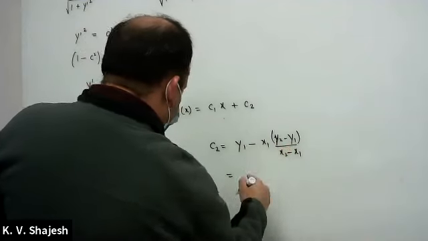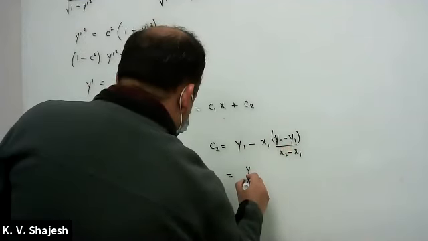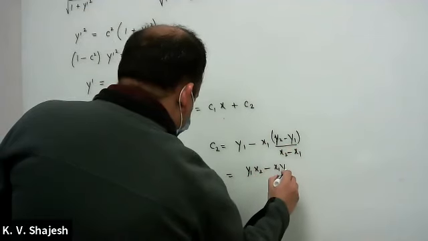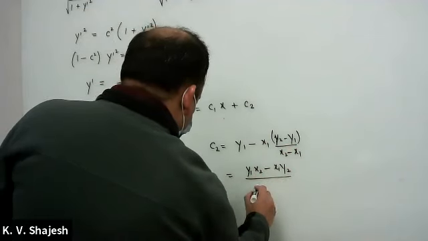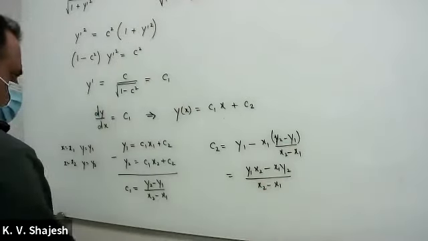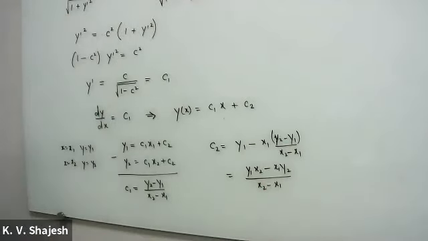So y1 x1 cancels out, so it is y1 x2 minus x1 y2 divided by x2 minus x1. So you know c2 also.